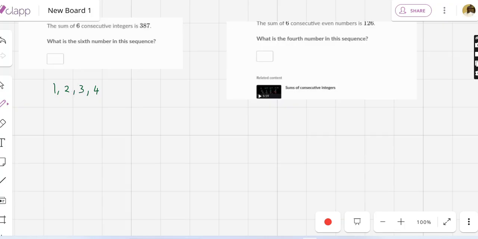So it means they increase or decrease by 1. So when you have that type of question, there's another approach that you use for it, for consecutive integers.